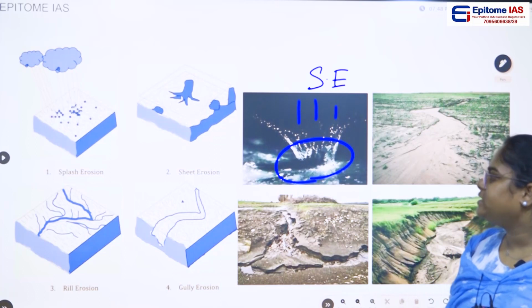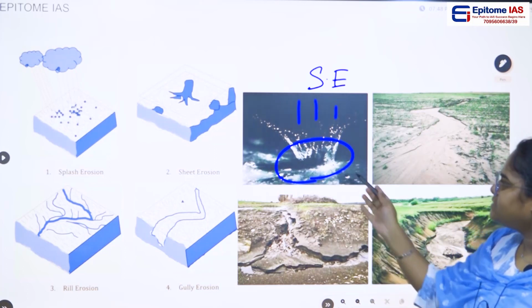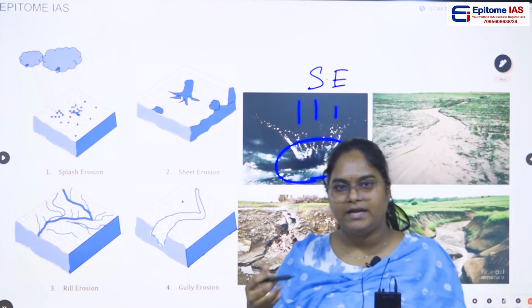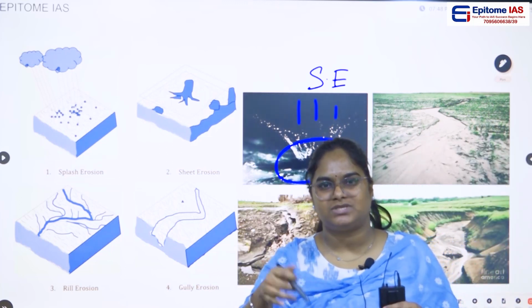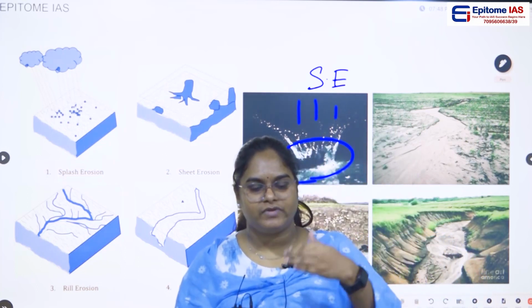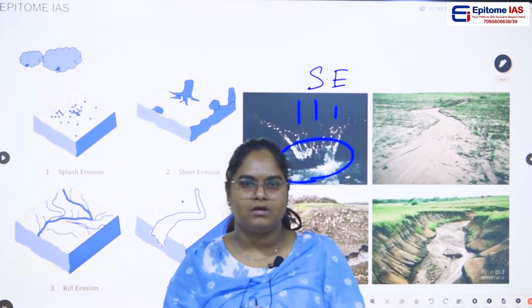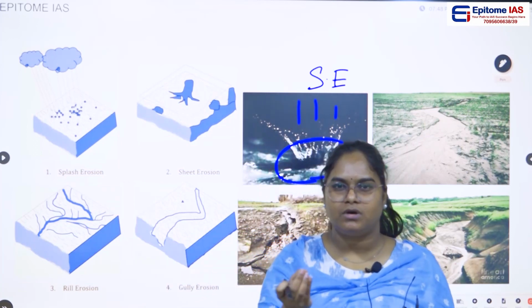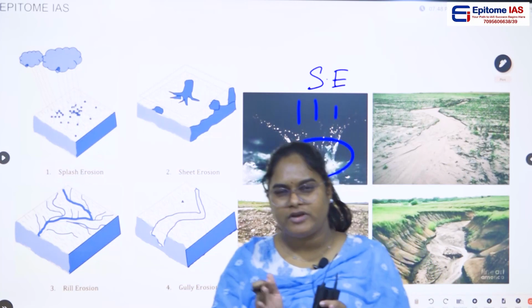And what is sheet erosion? After some raindrops they collect together, and a small stream will be flowing just like a river. A small stream will be flowing in a direction, from upward direction to a downward direction. It will be similar to a river, but it is somewhat very small.